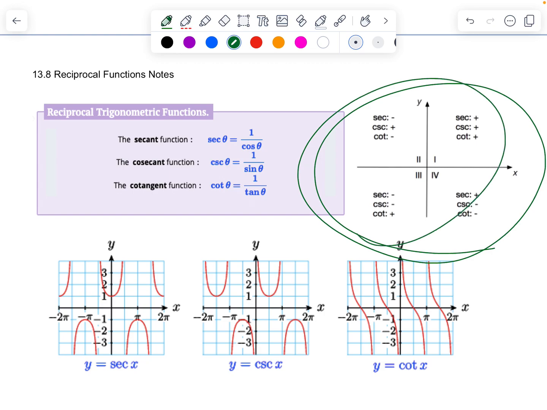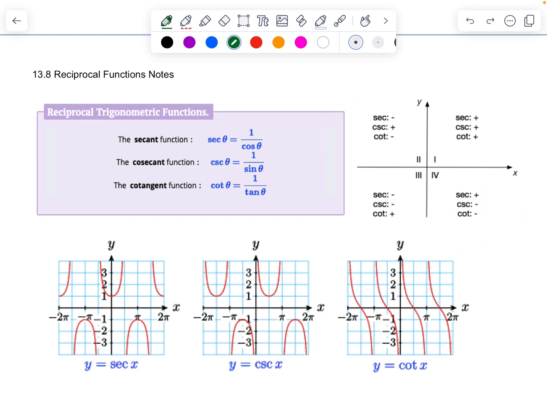Over here, just a little brief reminder again, how in quadrant 1, secant, cosecant, cotangent are all positive. Quadrant 2, notice which one is positive. It's just cosecant because that deals with sine. And then here, quadrant 3, cotangent is positive because that deals with tangent.